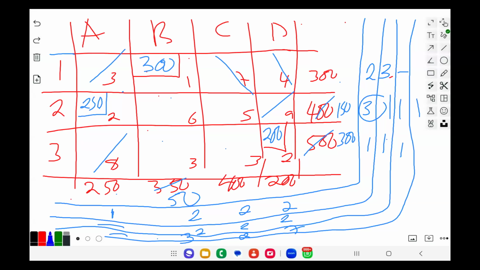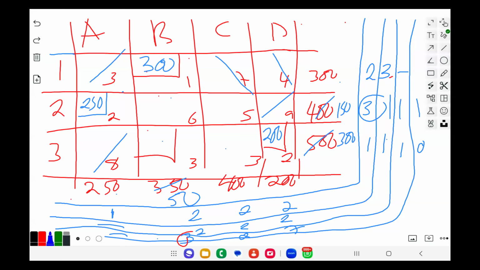Because it's 6 and 5. Then this other one, what is the difference? There is no difference, this one is 0. This one, the difference is 2. This one is 3. So we are working with 3. 3 is the penalty now, isn't it? So the minimum in this is the same 3, isn't it?